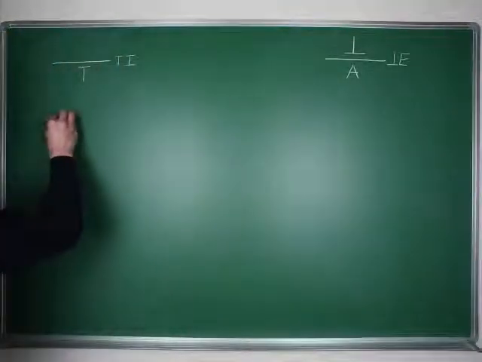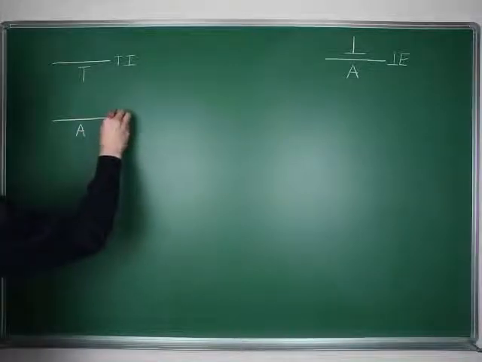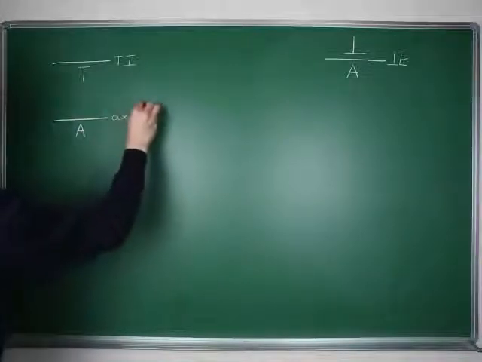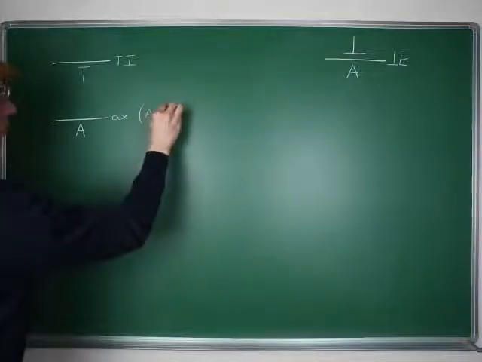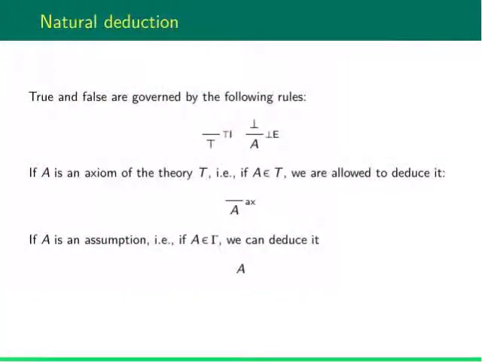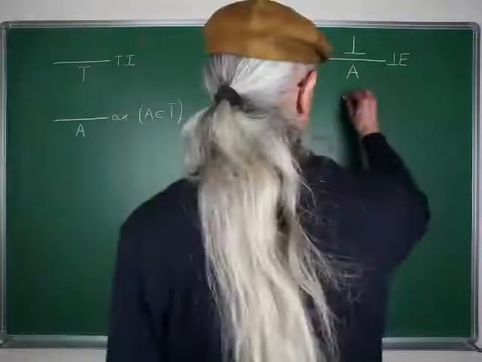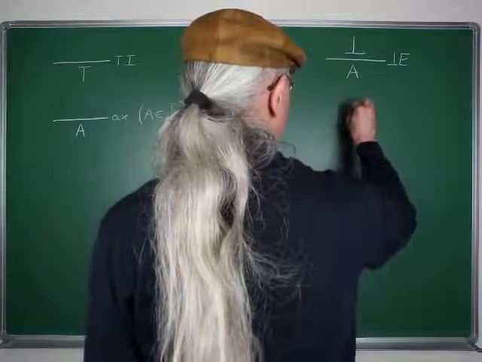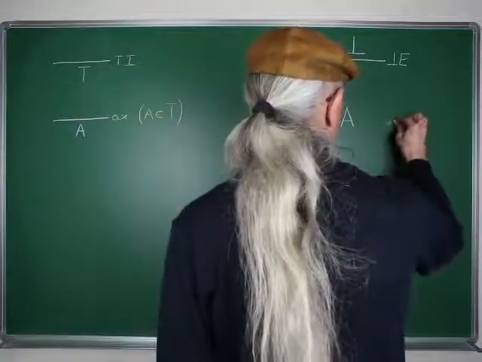If A is an axiom in the theory we are using, we can always deduce it. If A is an assumption, we can deduce it. We write assumptions without indicating the rule which introduced them.